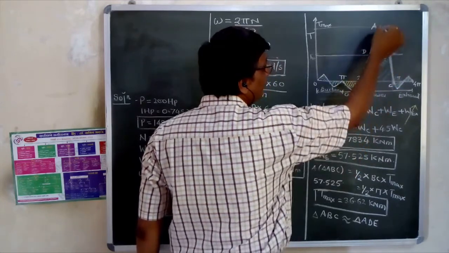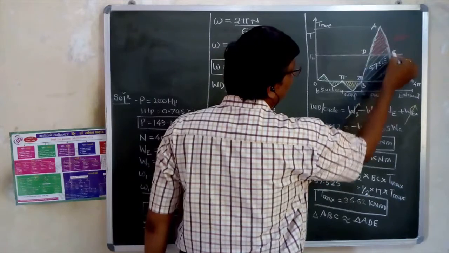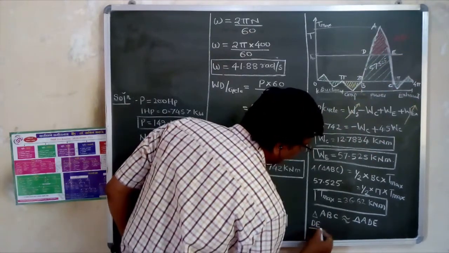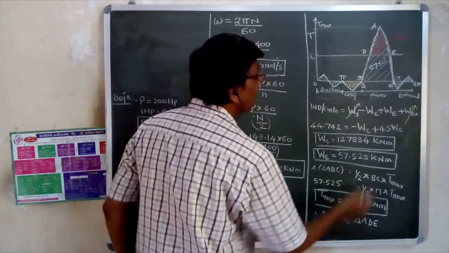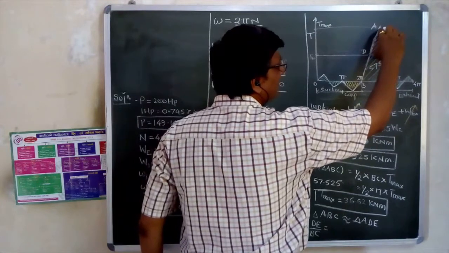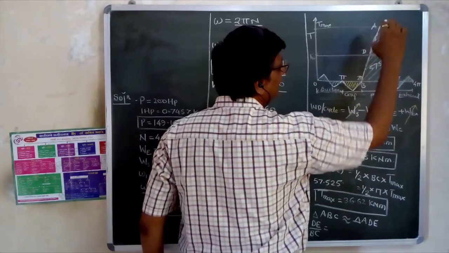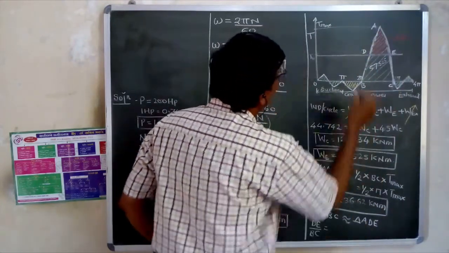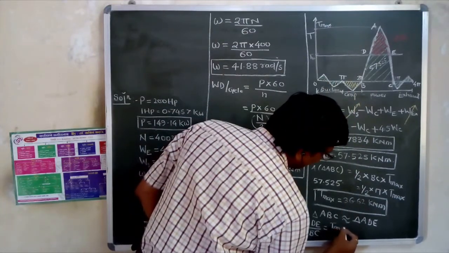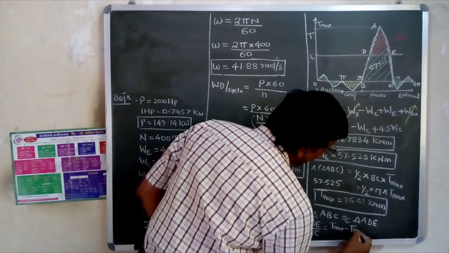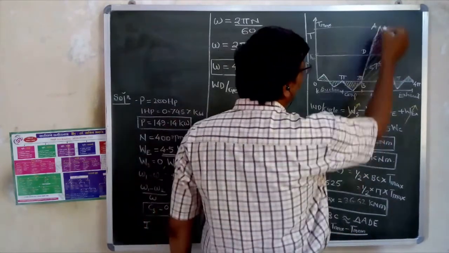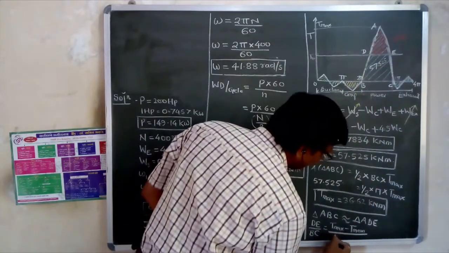So I can have DE upon BC is equal to this length. This length is nothing but T max minus T min, upon this total length, T max.